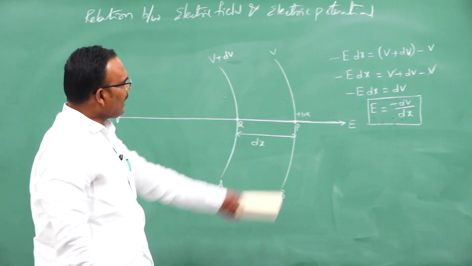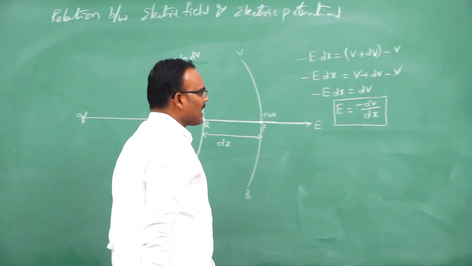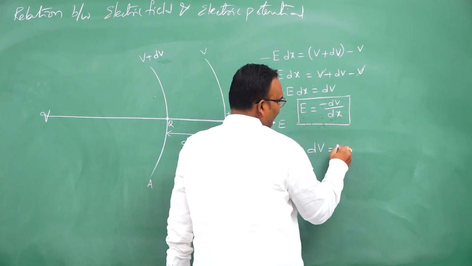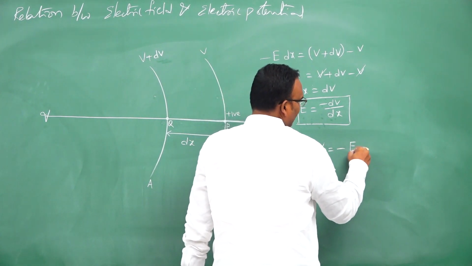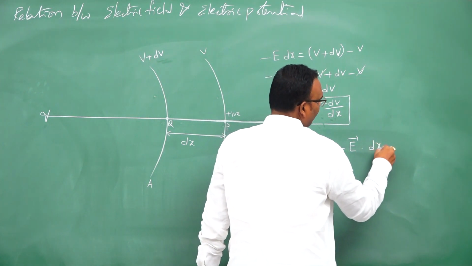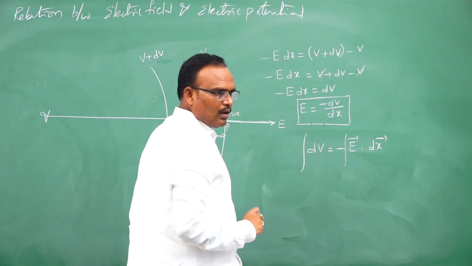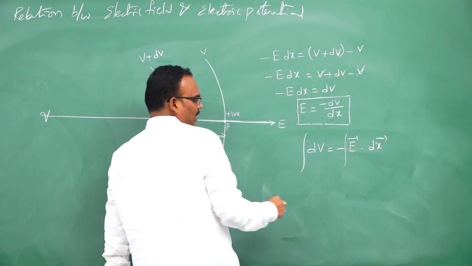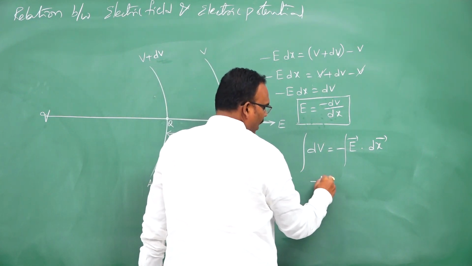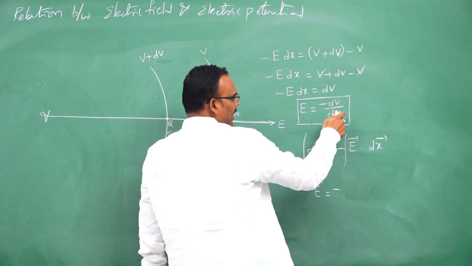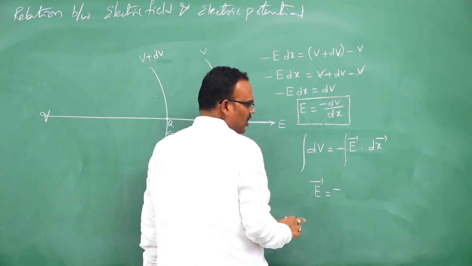Okay, I can write this expression in different forms. For example, if you want to calculate dV, I will write minus E vector dot dx vector. This we get by doing integration. Another expression is electric field E vector is equal to minus, and I can write this in terms of partial differentiation.